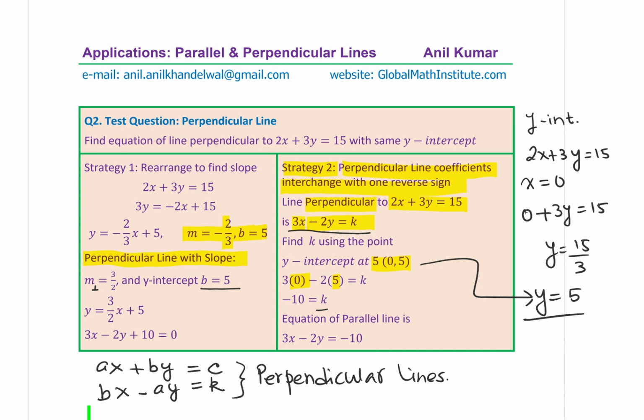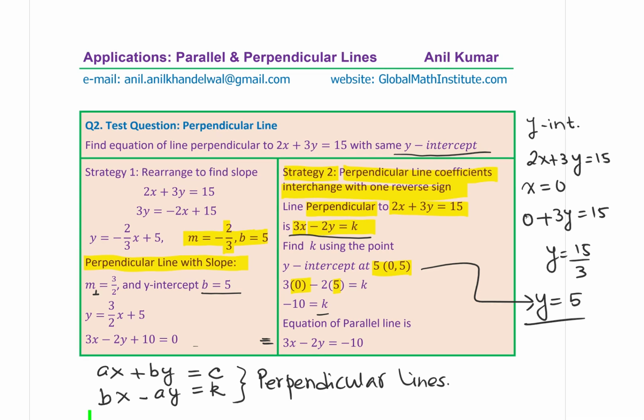In this case, we have a point which is the y-intercept, and therefore we'll substitute 0 for x and 5 for y to get the value of k, which comes to be minus 10. So therefore, the equation is 3x minus 2y equals minus 10. When you rearrange, you get the same equation. They are both same, correct? So that strategy is a shortcut method of solving lines which are perpendicular.